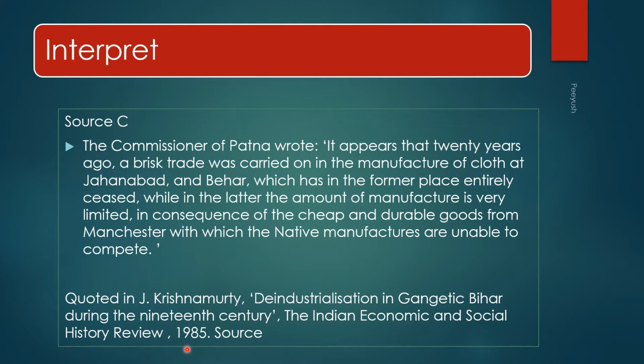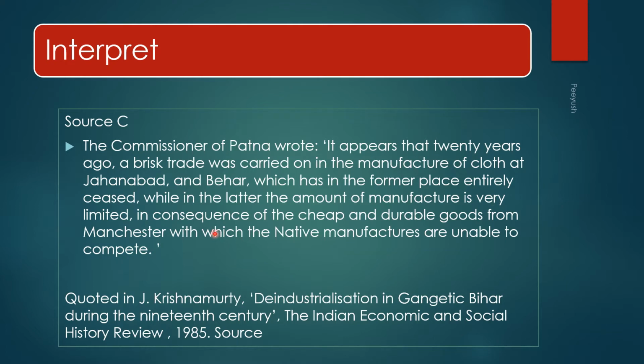So it's based on the research work done by J. Krishnamurthy, and he has clearly mentioned that the Commissioner of Patna gave the information that 20 years ago, in the contemporary period, a brisk trade was carried on in the manufacture of cloth at Jahanabad and Bihar. It's like Bihar Sharif.